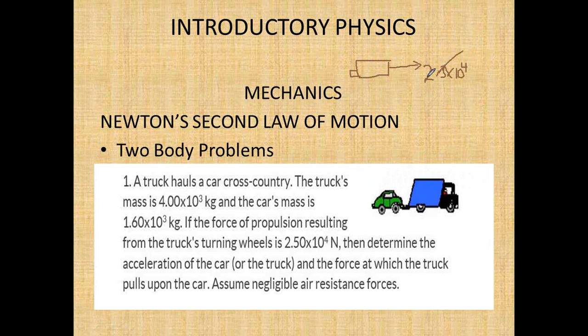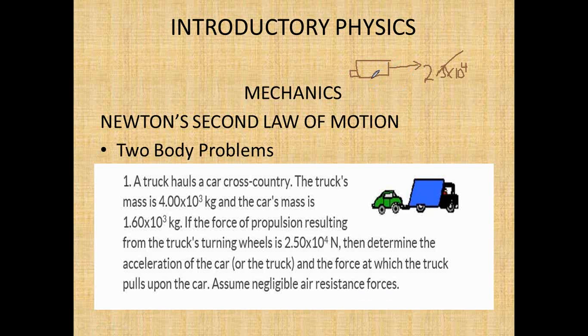They told us to ignore negligible air resistance. So they want us to ignore the air resistance and frictional force. So this is going to be your net force, because they want us to ignore air resistance and friction.